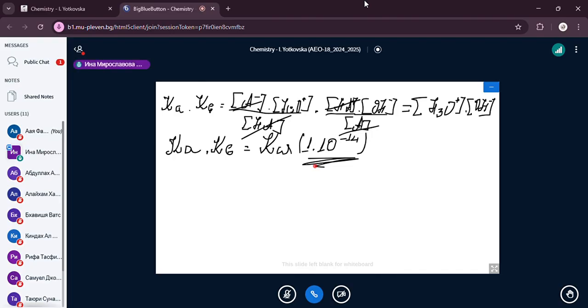For that reason, a scientist called Sorensen proposed to work not with the concentration, but with their logarithmic values. It means he proposed to multiply all of these by the negative decimal logarithm. So let's see what will happen.